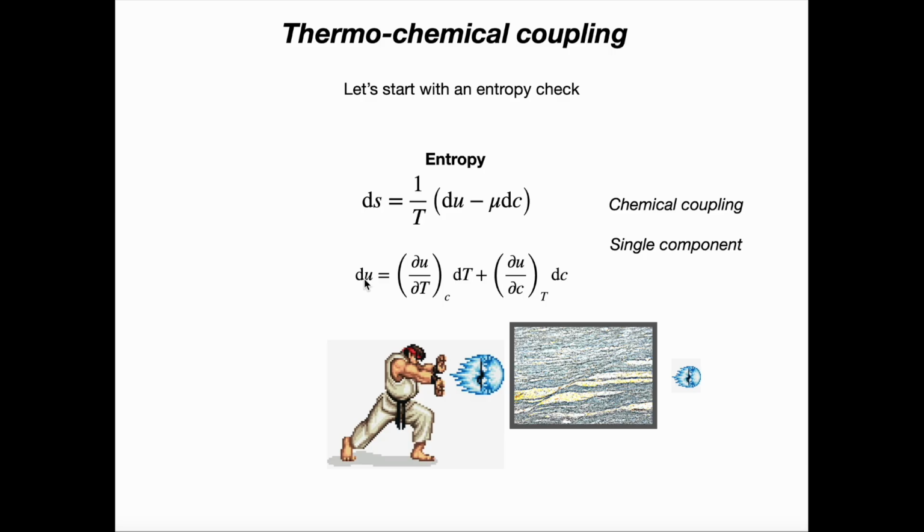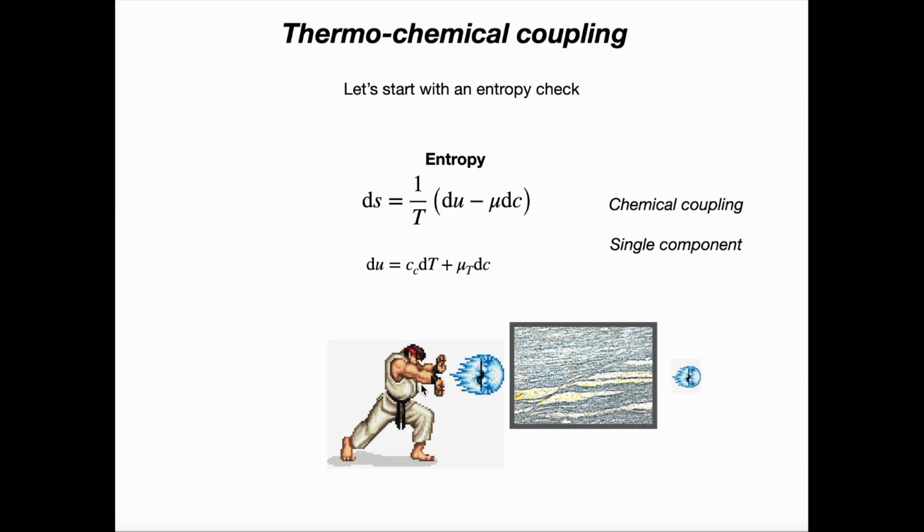So du will be written as the partial derivative of u with regard to T at constant C times dT, plus the partial derivative of u with regard to C at constant T times dC. Now one can identify that this here is the heat capacity, du/dT at constant C, and this du/dC is the chemical potential at constant T.